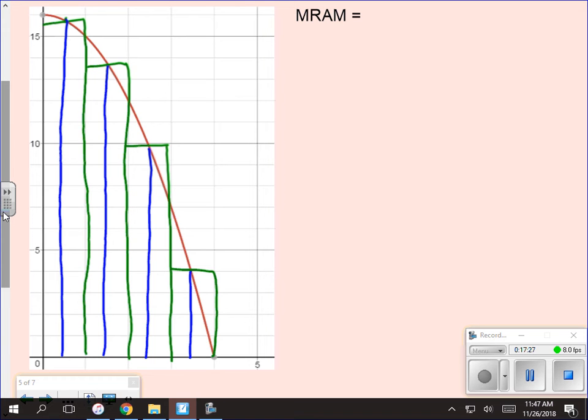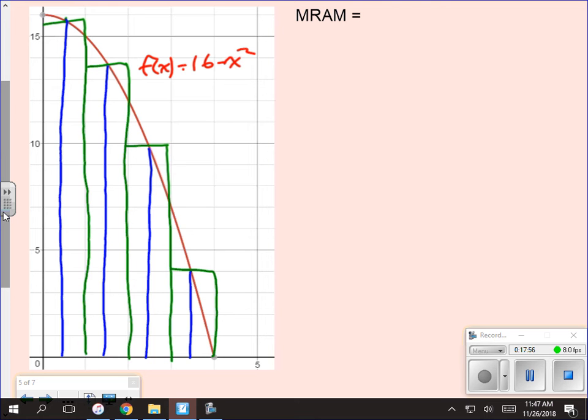Now, here's the problem. They're not exactly on any of those lines. You actually have to calculate where the middle is. Remember our function? f of x equals 16 minus x squared. To find the height, you have to take the midpoint of every interval and plug it into the function.